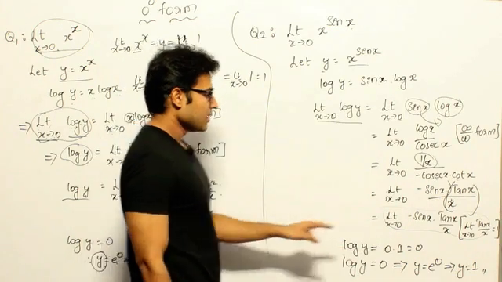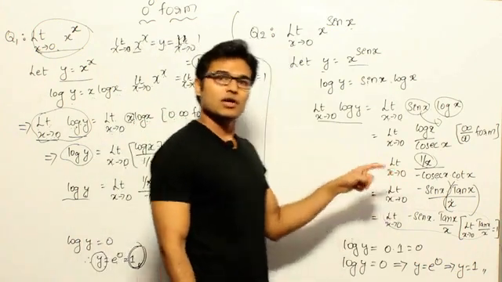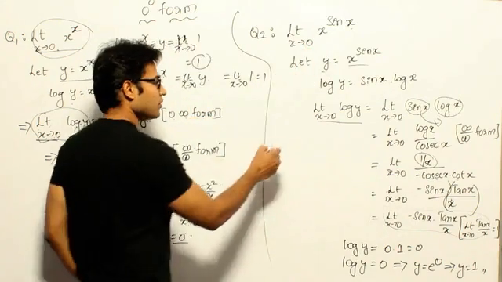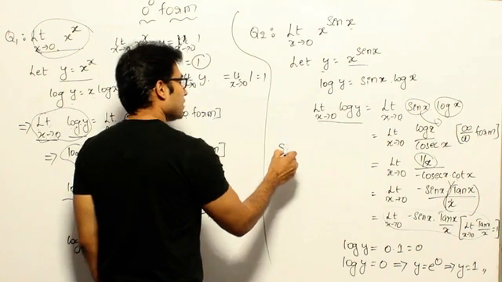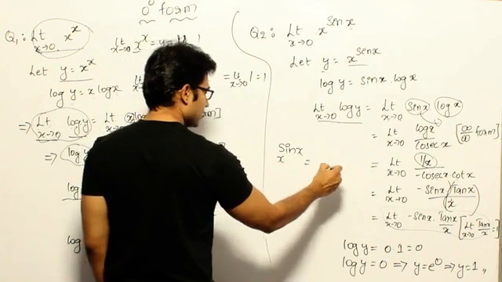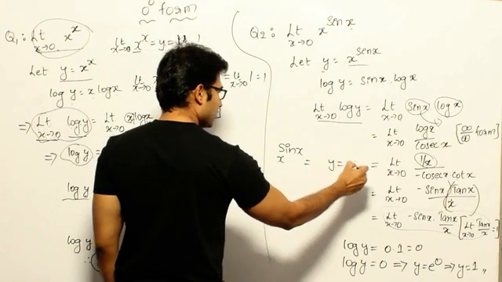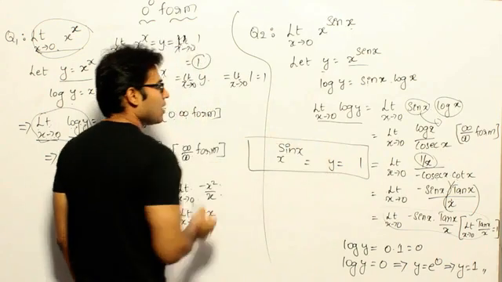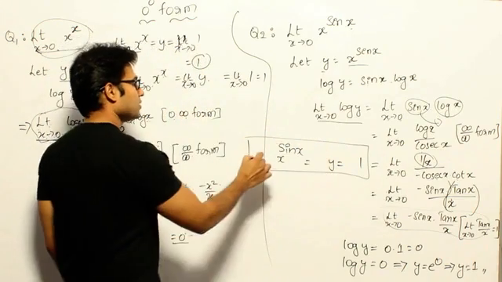Now what does it mean? y equals 1. What is actually y? y is x power sin x, isn't it? Therefore we have already seen that x power sin x is equal to y is equal to 1, isn't it? This is what we got. Now apply limit x tends to 0 for all these.